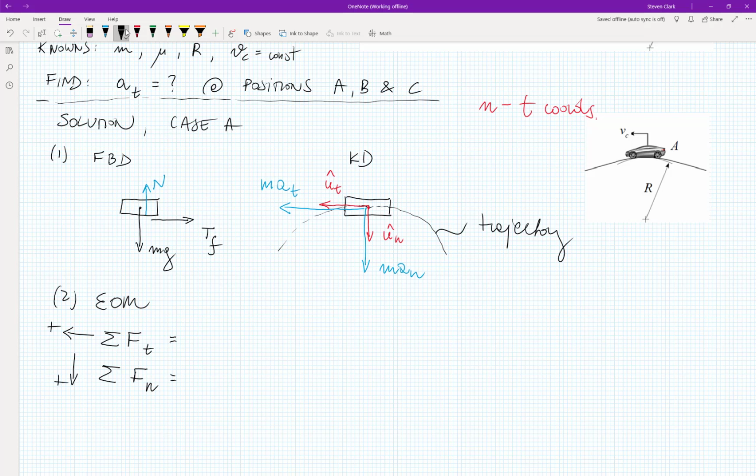So what do we have in the t direction? Only one force, and it acts in the negative direction: minus F_f equals m a_t. And in the n direction, we have two forces. We have mg minus N, and this is equal to m a_n.